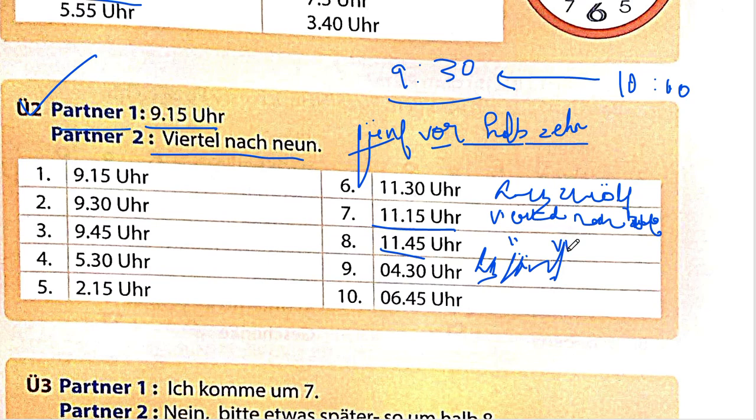So viertel vor 12. Vor is before, nach is after. You have to just take a look at before what or after what it will be. I want you to comment down the first, second and third part in the comment section down below.